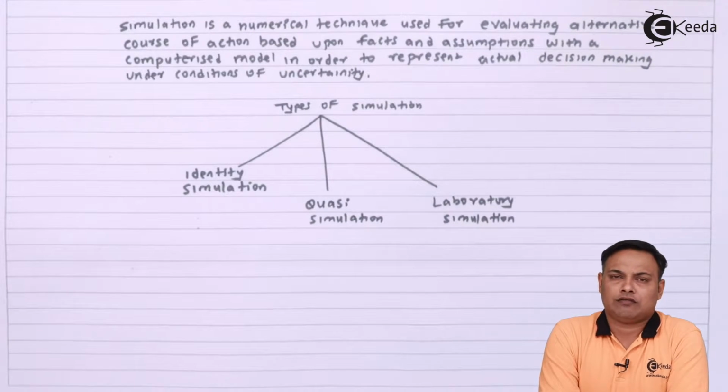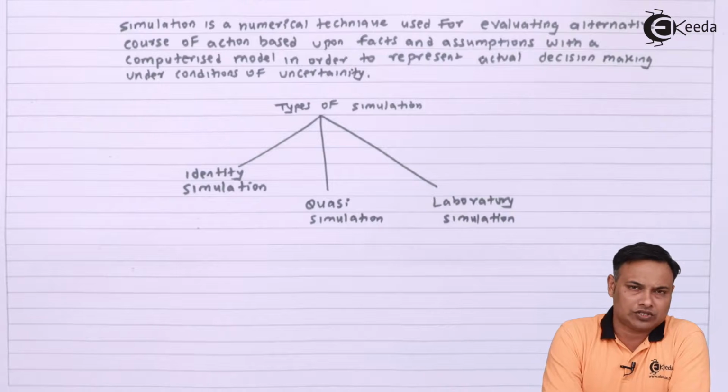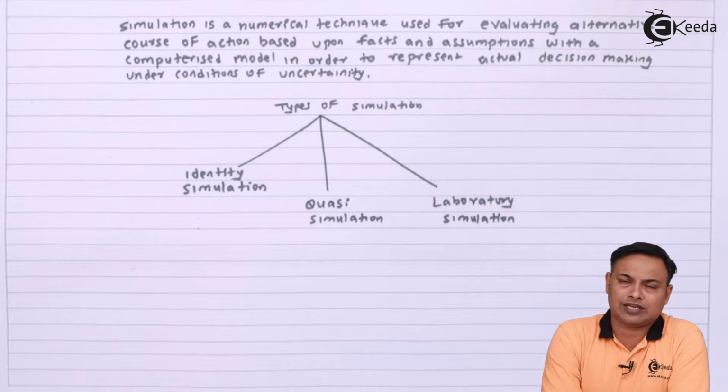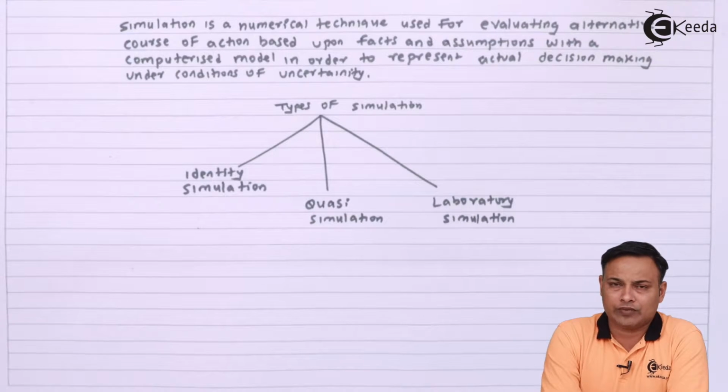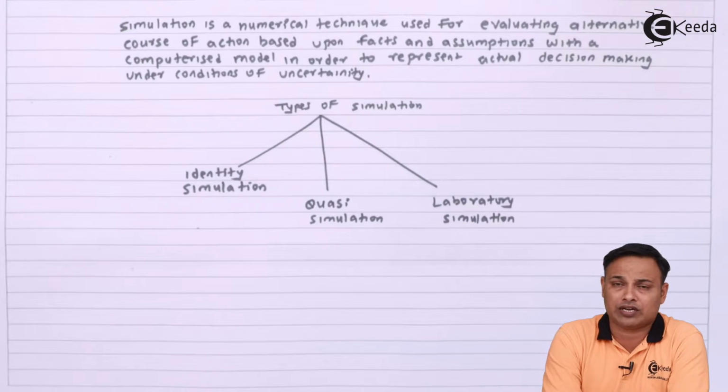Other than this, we have the third type called laboratory simulation. Now, laboratory simulation, as the name indicates, is a simulation that is created under laboratory conditions. Here, based on certain numerical models, I may like to simulate the number of patients who are going to visit a particular hospital on a particular day at a particular time.